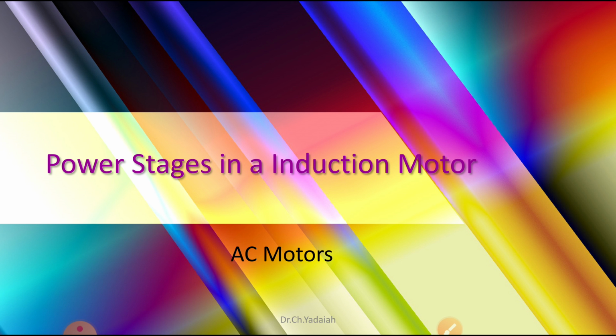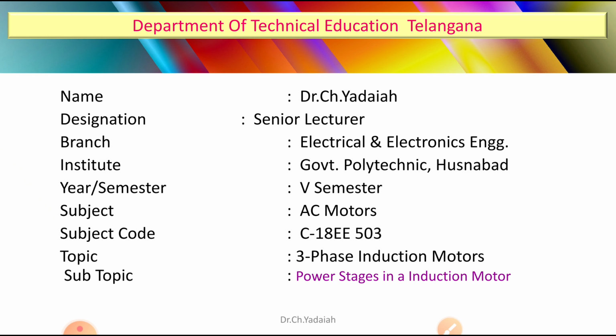Before going to that, let us see the objectives today. This is a topic for 5th semester, AC motor subject EE 503. Subtopic is power stages in an induction motor.